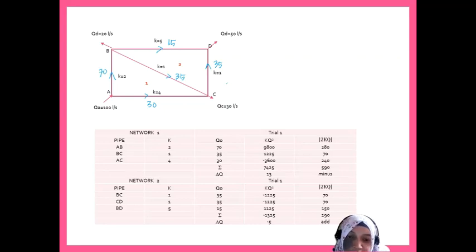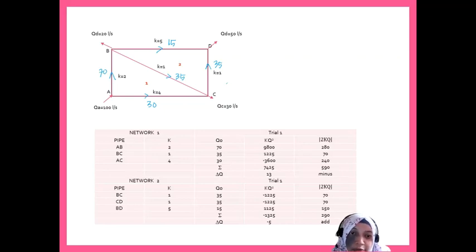So if it has positive value, and the pipe in network 1 has clockwise direction, the value in this pipe has to minus 13.